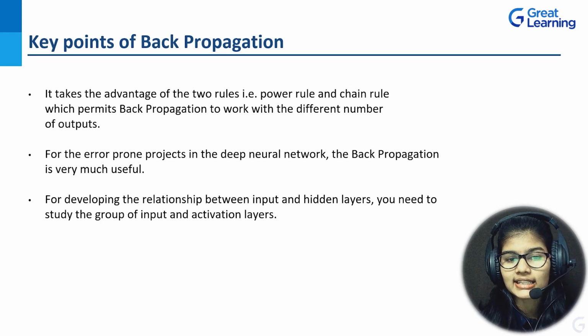We studied this when we discussed how this algorithm works. The difference between the actual output and the desired output is known as the error, and after that the hidden layers keep adjusting because they try to reduce the error. That is the reason backpropagation is very useful for error-prone projects.